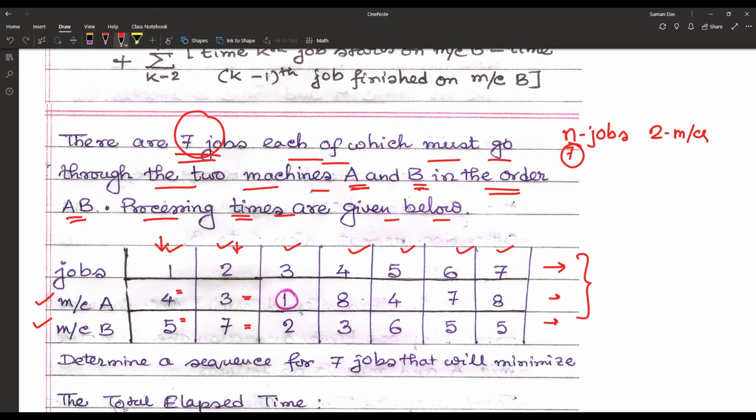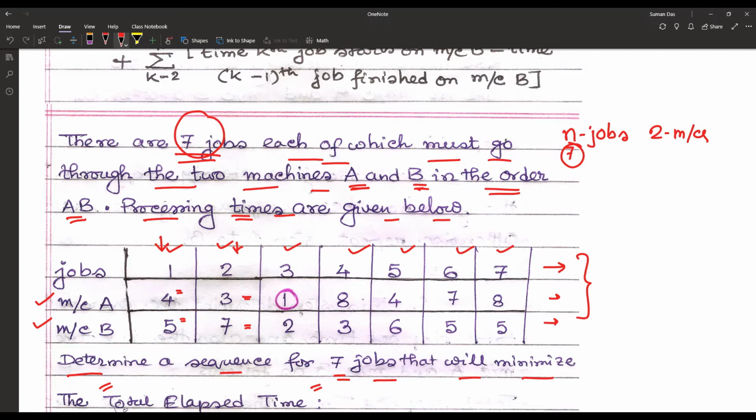Now we have to determine a sequence for the 7 jobs that will minimize the total elapsed time. If we think about the first video, which described the meaning of the job sequencing problem, there the term total elapsed time was most important.